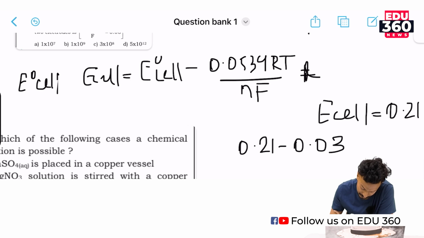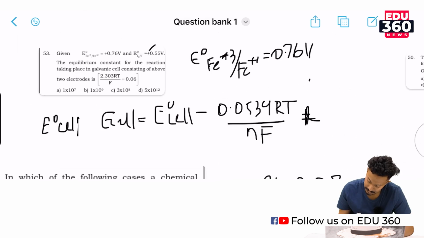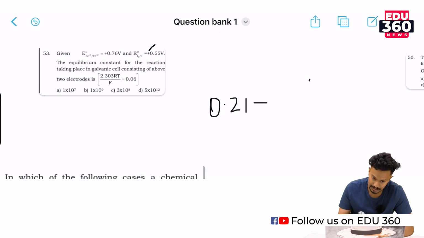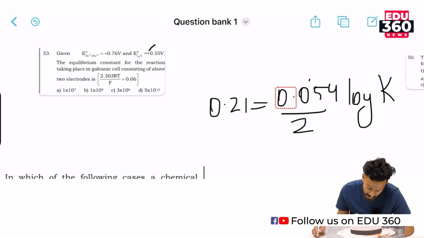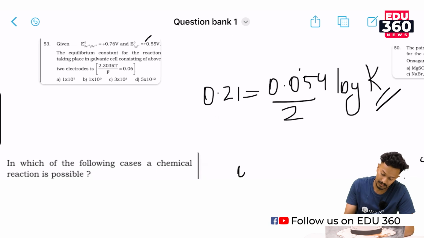Now, at equilibrium, 0.21 is equal to 0.059 by 2 log Kc. We should find the equilibrium constant. Am I right? Yes.